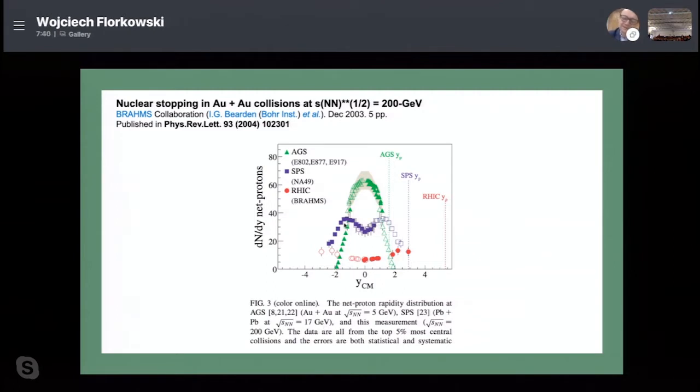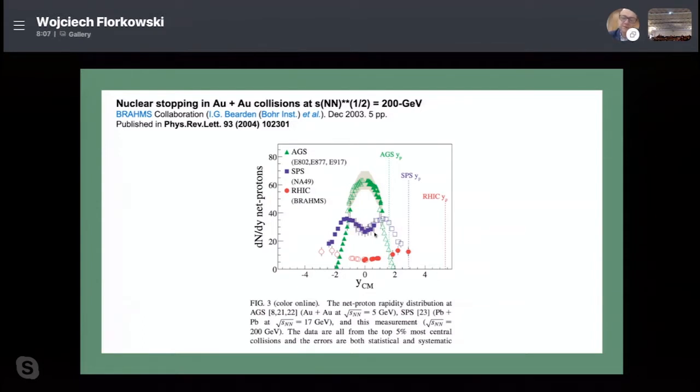Simply, there is a dip at the middle. It shows that somehow the two nuclei become transparent to each other. At very low energies, we have kind of stopping. Then if we go to larger energy, there are two peaks with a dip inside. So it means somehow nuclei go through each other.